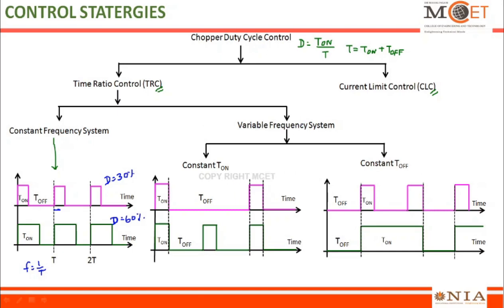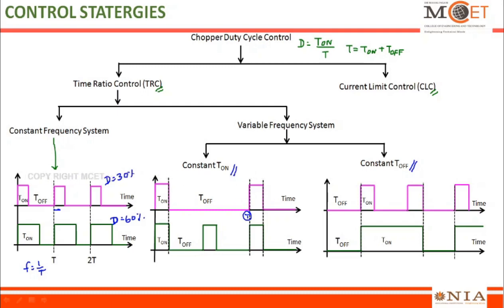And the next one is the variable frequency system. In the variable frequency system, we have two other classifications: one with constant on time, the other with constant off time. Here the frequency is not constant. How do I say that? If you look at the first waveform, its duration is till this point, and from this point the waveform starts repeating again.